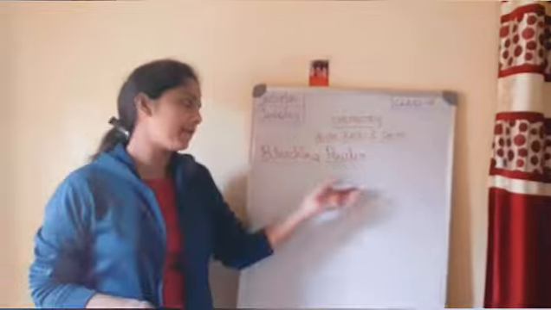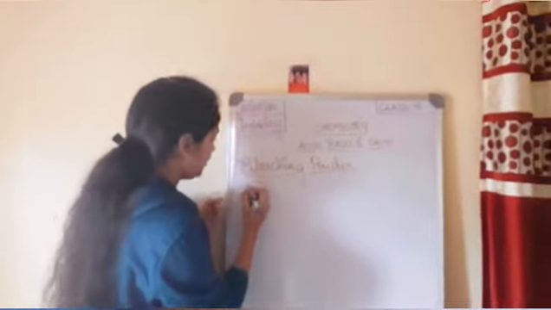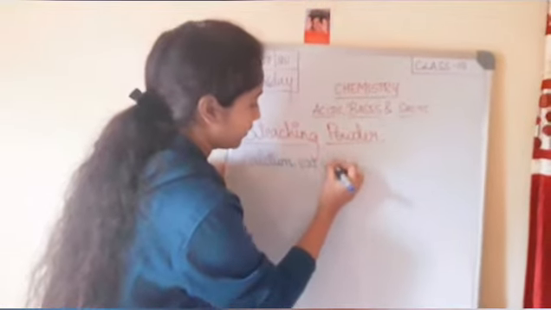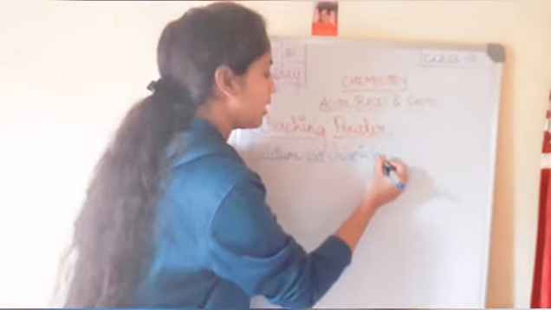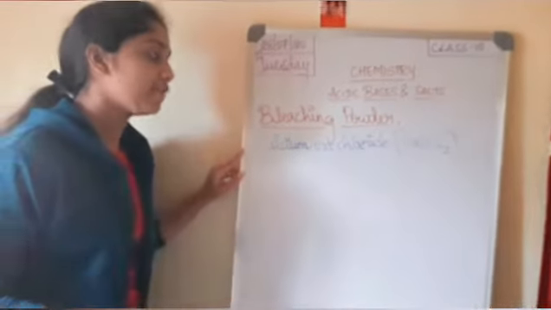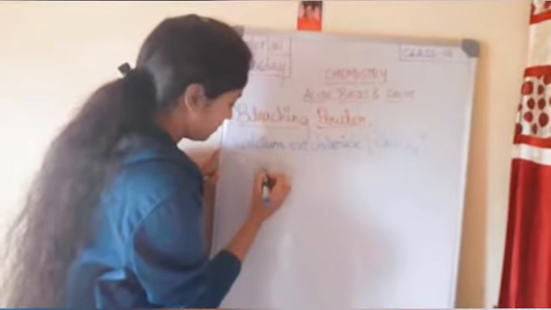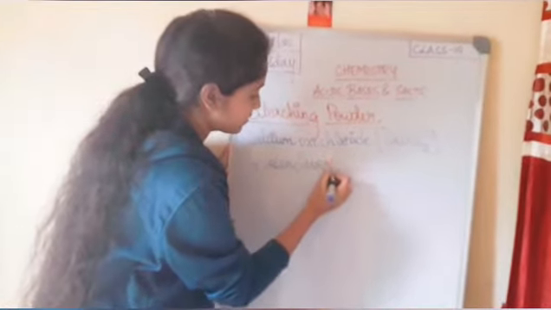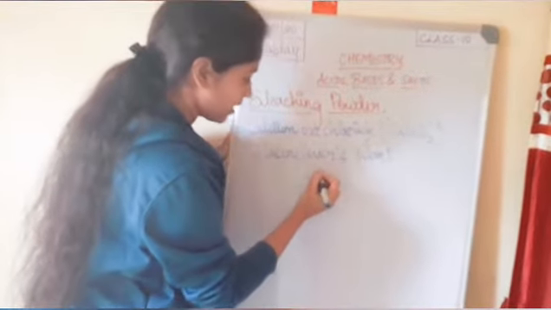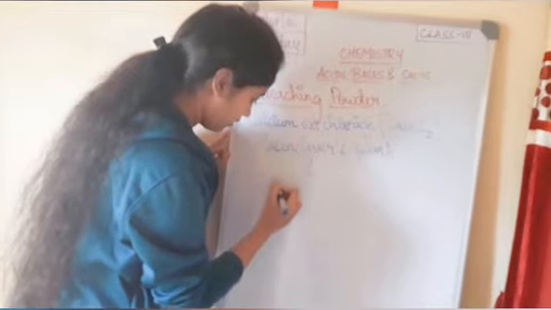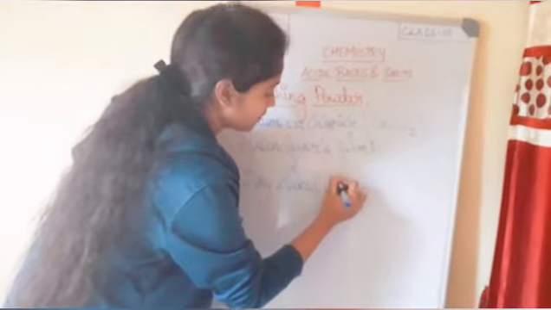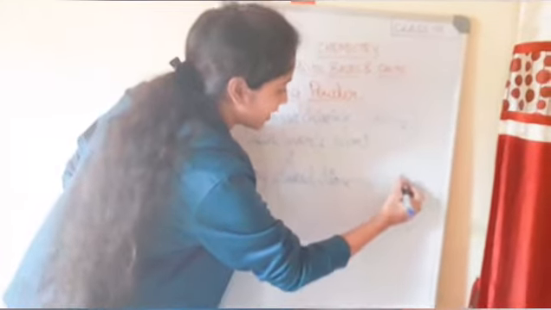Next, bleaching powder. Now chemically it is called calcium oxychloride. Its formula is CaOCl2. Now this is manufactured by Hasenclever's plant, that is by the reaction of dry slake lime on chlorine gas.